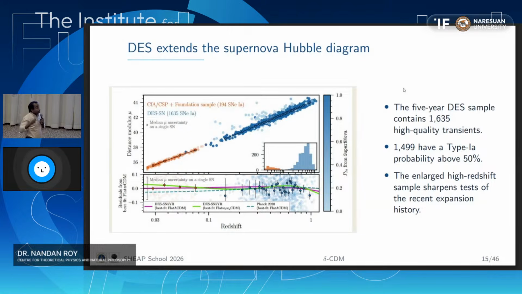And next comes this 5-year observation, where they observed 1,635 objects, and then they use machine learning and plot this distance modulus.